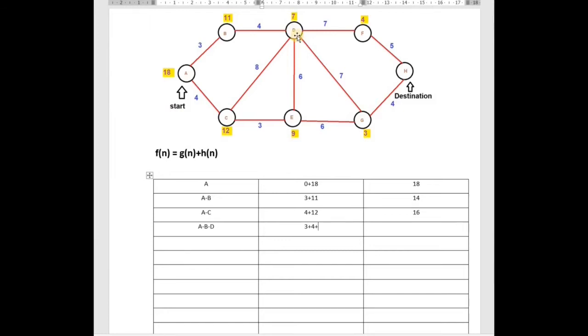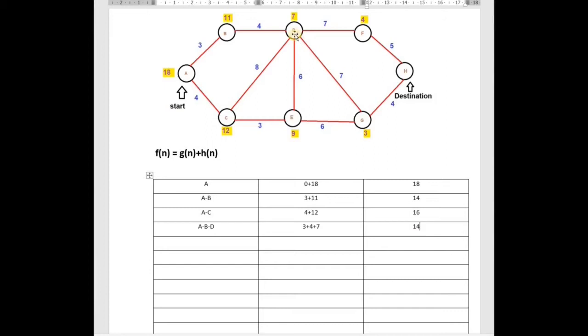The heuristic value of D is 7. So the total value is 14 there. For A, B, D, I am getting the value of 14.